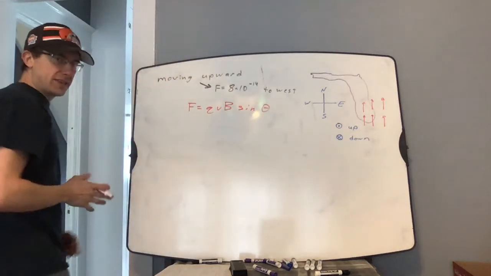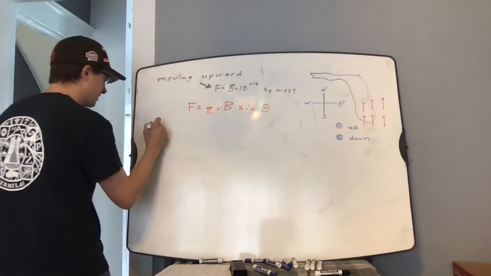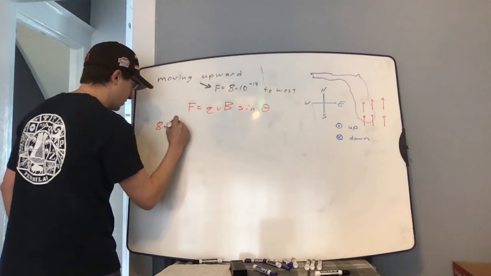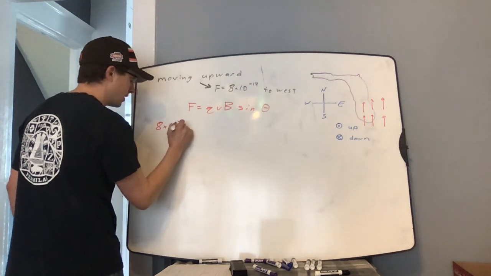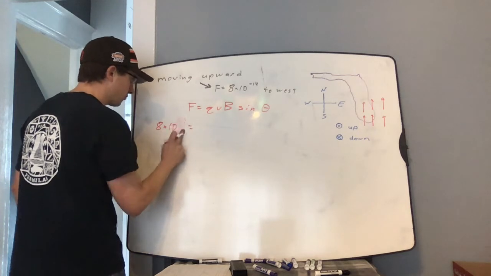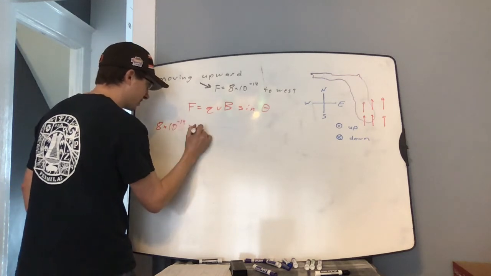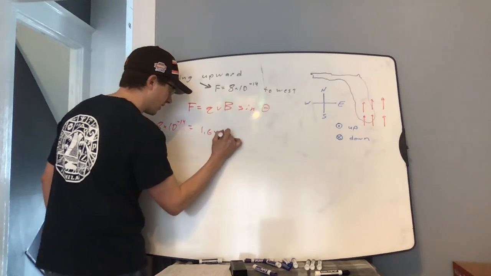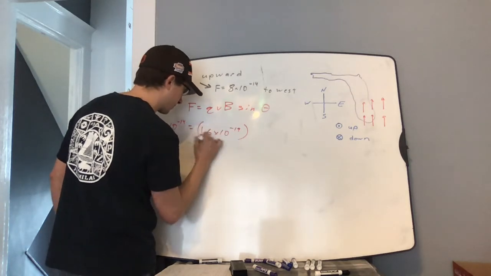we are told that the force on the proton is 8 times 10 to the negative 14 newtons. The charge of the proton is 1.6 times 10 to the minus 19 coulomb.